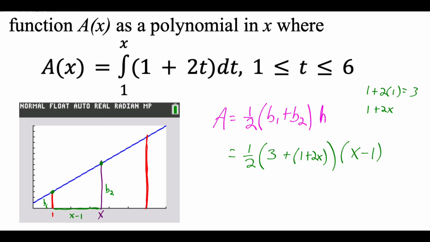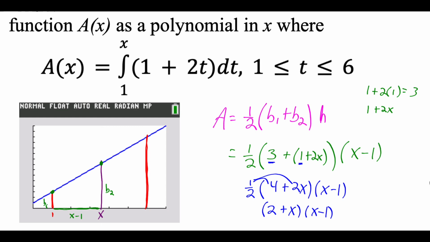Now the first thing I'm going to look at doing is simplifying down everything that we've got inside of the parentheses. I see that we've got some addition happening in here, and I can combine this 3 with this 1 right here. So we're going to have 1/2 times, well, 3 plus 1 is 4, plus this 2x, and then all of that is getting multiplied by x minus 1. Now if I take that 1/2 and distribute it into this set of parentheses, half of 4 is 2, half of 2x is just regular x, so we get 2 plus x, but then we still have to multiply that by x minus 1.